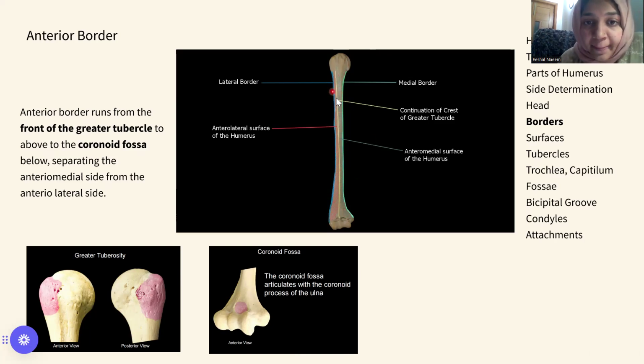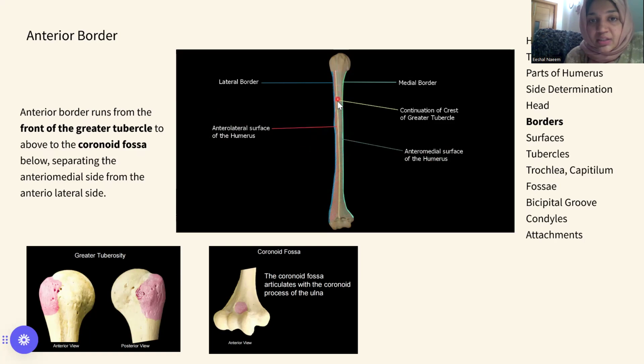Please appreciate this yellow border extending from the greater tubercle going all the way to the coronoid fossa, dividing the humerus into two surfaces, the anterior medial surface and the anterior lateral surface. So this is the anterior medial surface and this is the anterior lateral surface. You can appreciate that here, right?